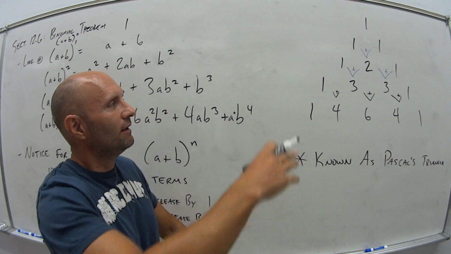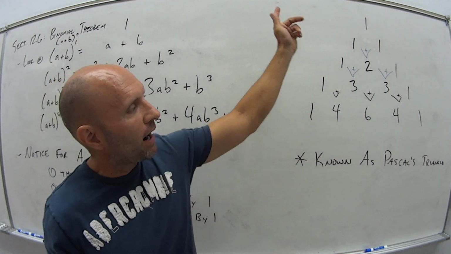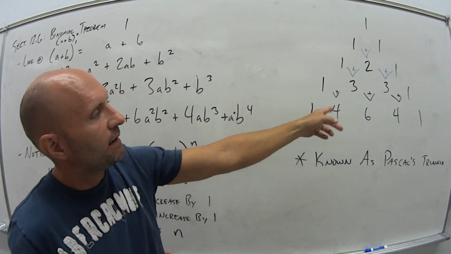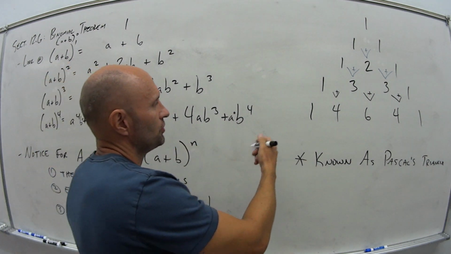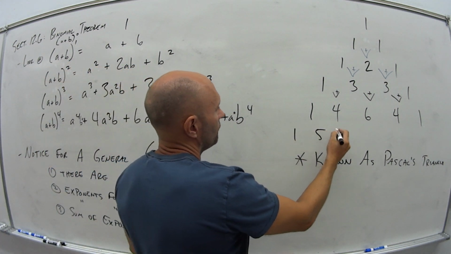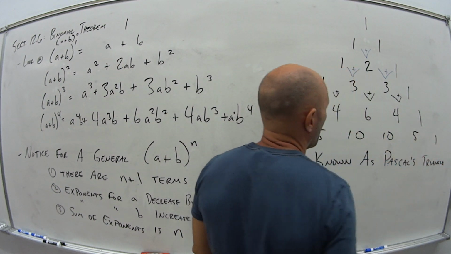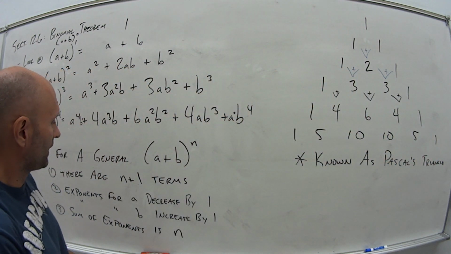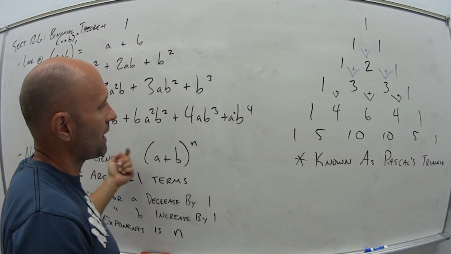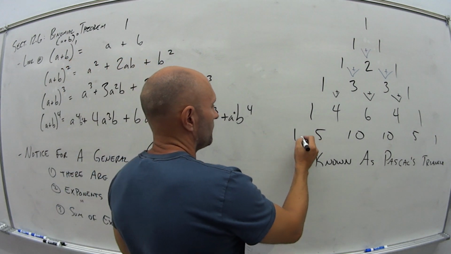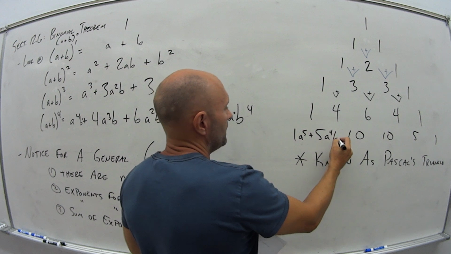Pascal's triangle is this idea that the coefficients form this triangle, and it has this property: 1 down the outside, and you can add the coefficients. So without even writing what the fifth one should be, it should be 1, 5, 10, 10, 5, 1. And I could figure out the terms: if it's to the fifth power, A to the fifth. And then A goes down 1, that would be 4, B goes up 1.